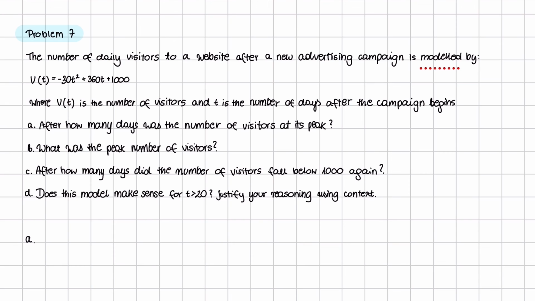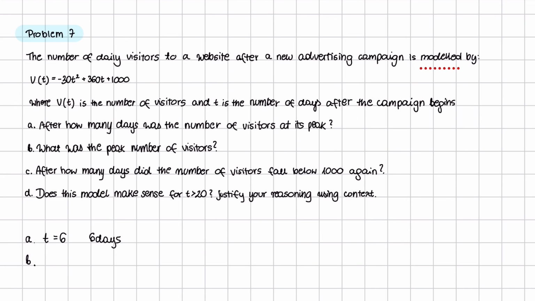So the easiest way is to graph our function on our GDC, and we have to click G-Solve and then maximum point, and our x, so t, corresponds to number of days. So when we have our maximum point, it is 2080 at x, so t equals 6. So our answer is 6 days.